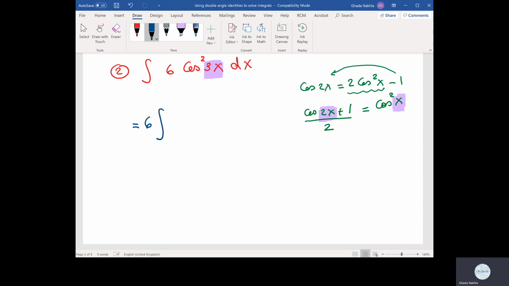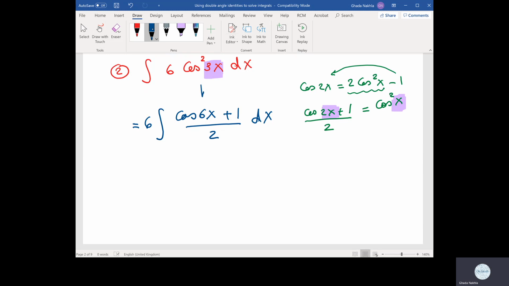So instead of cos squared 3x, I'm going to have cos double the 3, so 6x. So I'm doubling. This was x. This is 2x, right? So I'm doubling it, which will give me (cos 6x plus 1) divided by 2 dx.